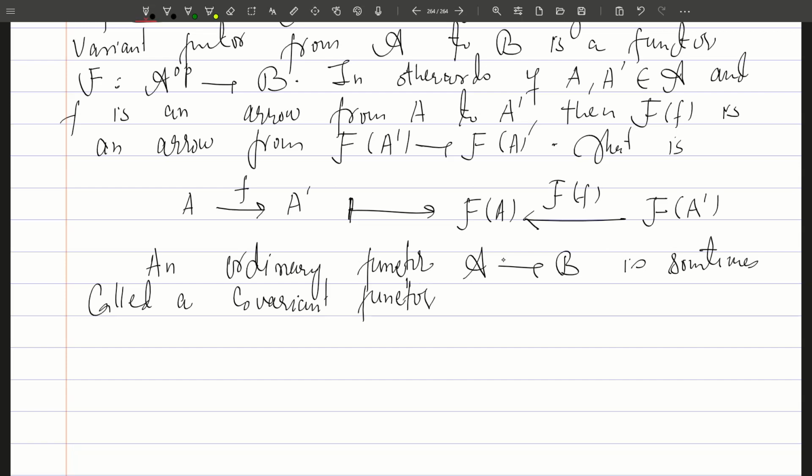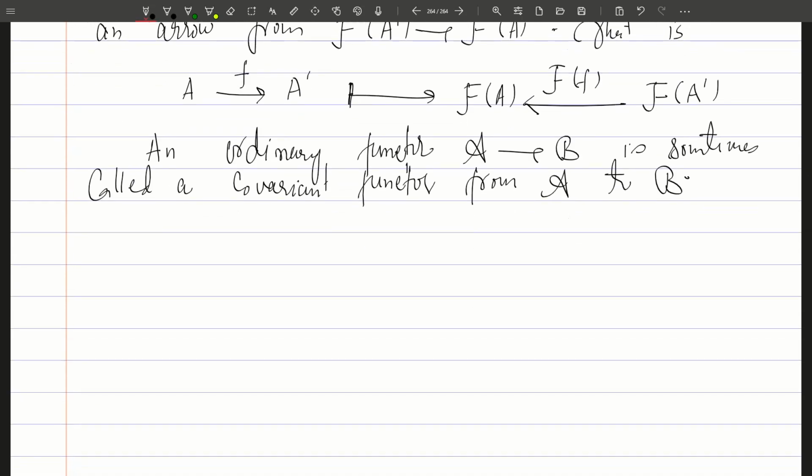So a covariant functor preserves the arrows. However, a contravariant functor reverses the arrows. Now we have examples of hom functors.